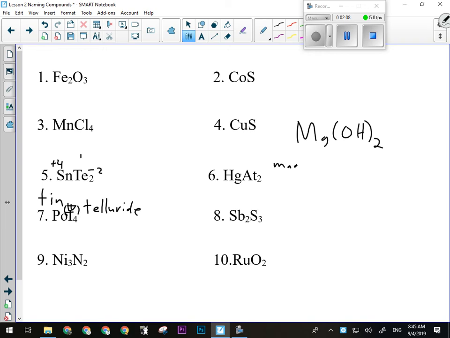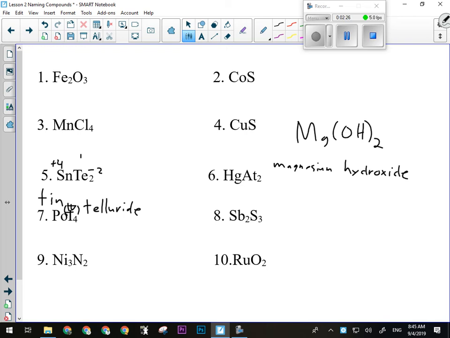So I would still write magnesium, and then I would just look up what OH is in my table of polyatomic ions on my periodic table. OH is hydroxide, so I simply write hydroxide, and it's named. Done.